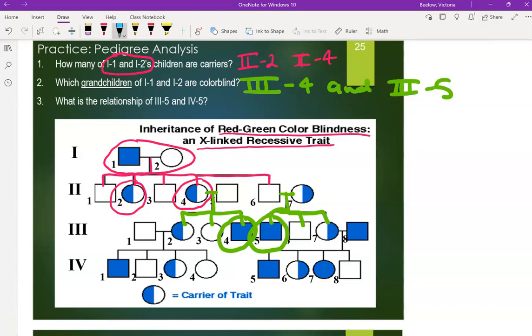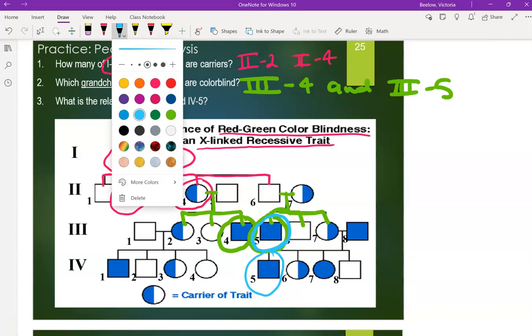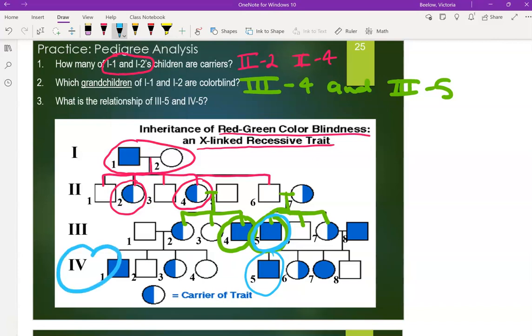Last question is asking about the relationship between 3-5, this colorblind guy here, and 4-5, which is this guy right here. Well, if we trace it, 4-5, here is his mom. She's right here.